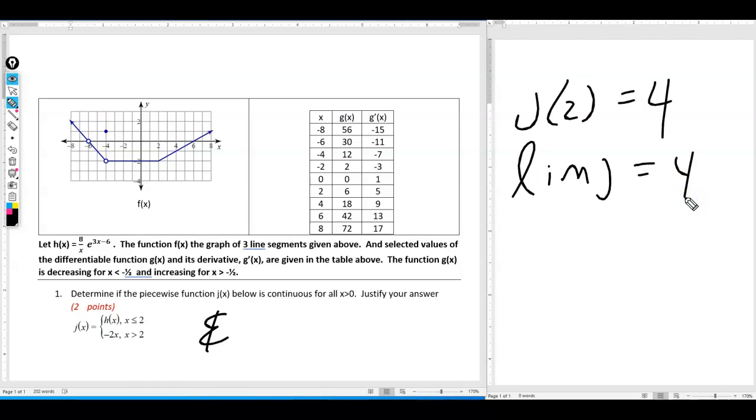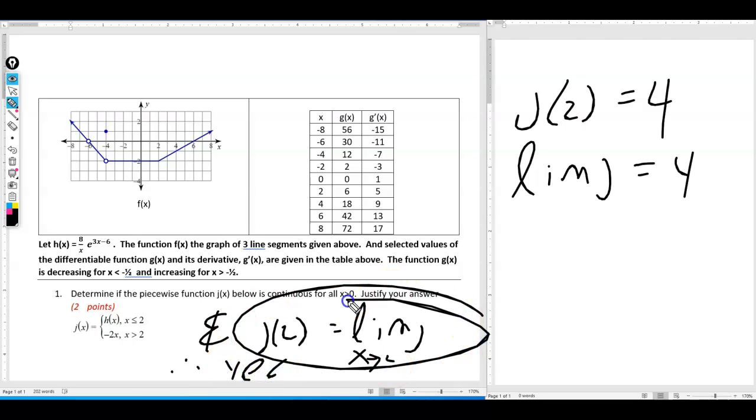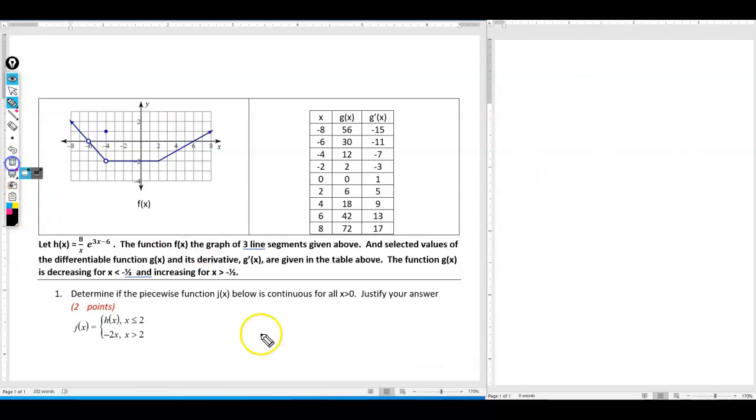You would have to say, and therefore j of 2 equals the limit of j as x approaches 2. Therefore, yes. So you'd have to state that as well, that they're actually equal. But in our case, we'll stop a little bit earlier than stating this final fact and just say, well, no, it failed because the limit didn't exist. All right, so there's that. Let's go ahead and move on to our next question here.